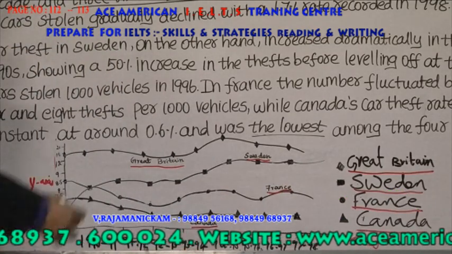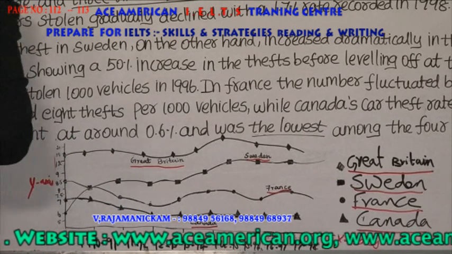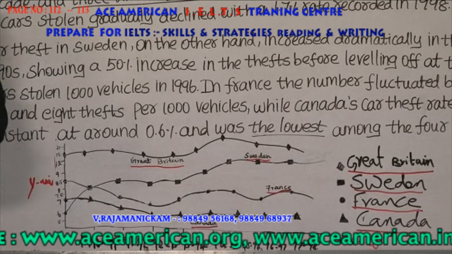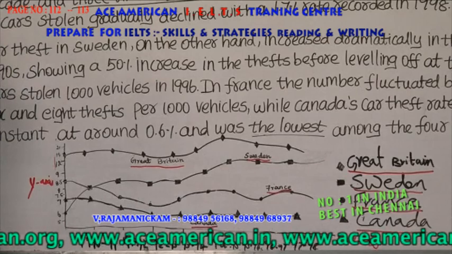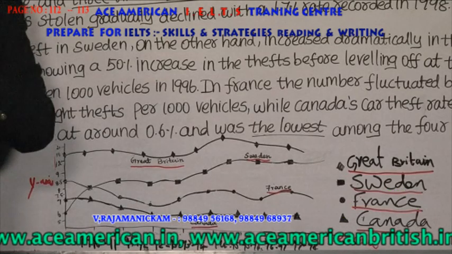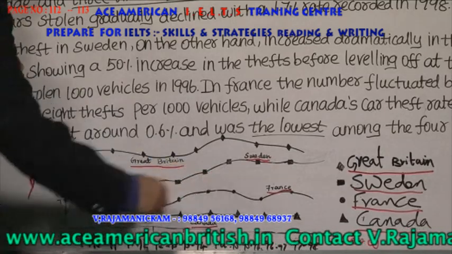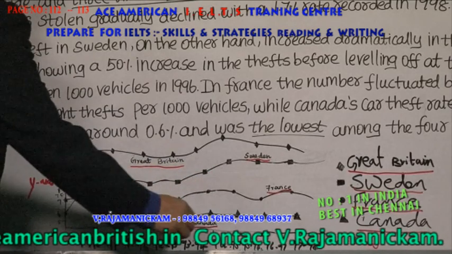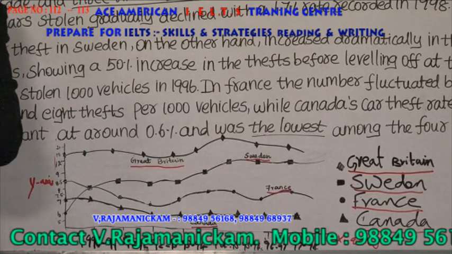So as you can see in the figure, it is Great Britain, that is England, where more cars have been stolen. Next to Great Britain comes Sweden, second most number of cars stolen. Third is France. And comparing all these countries, it is Canada where you find the lowest number of cars stolen.